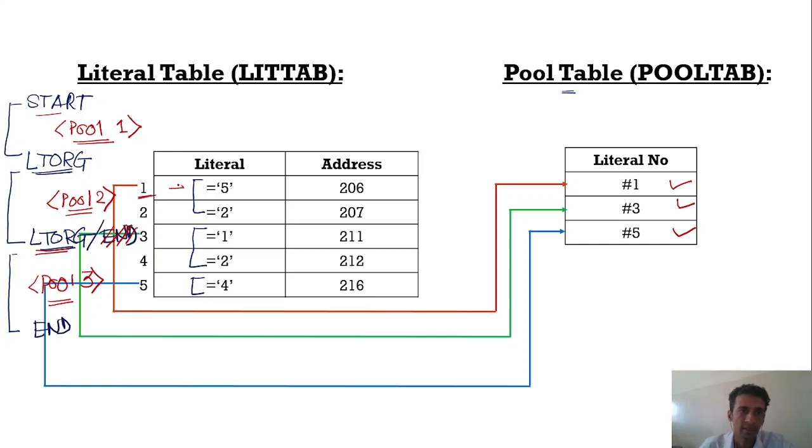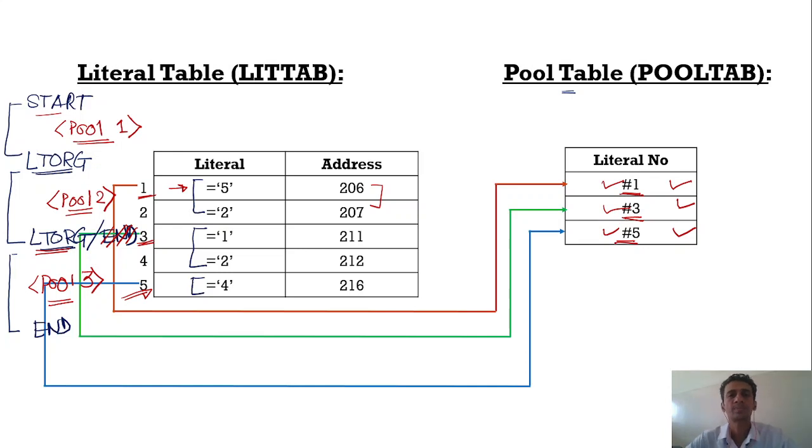The first literal, that is 5, is where pool 1 starts, hence the entry is number 1 in the literal table. The first pool had 2 literals, so the second pool starts from the third position in the literal table, hence number 3. Again it had 2 literals, so the third literal pool starts from number 5.